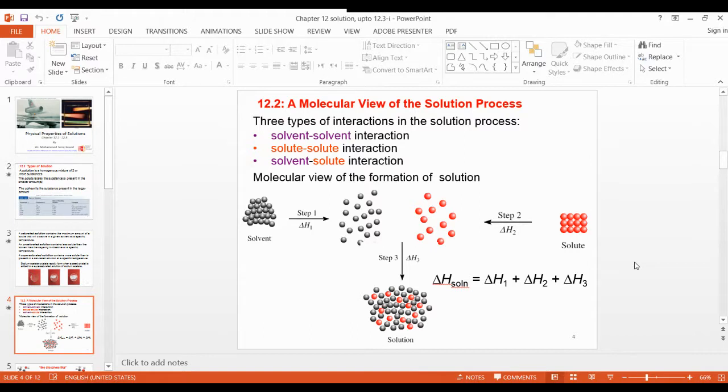You heat up the solvent first. What happens? They get the energy, they get the heat, and they become activated. It means they are ready to react with the solute. Similarly, the solute is in a very confined state. This is a very good structure of the solute. Once you heat it, it will disperse.